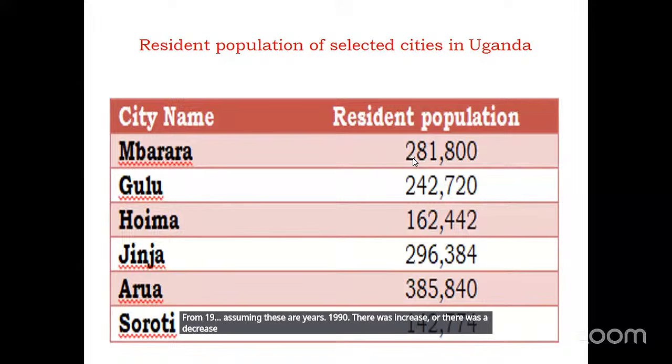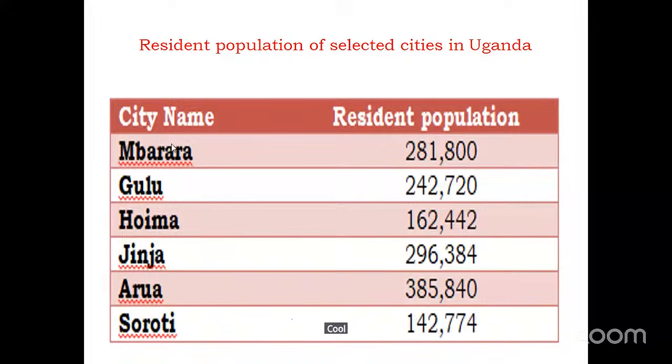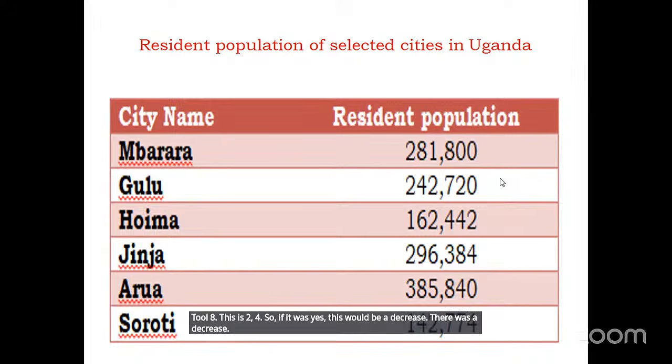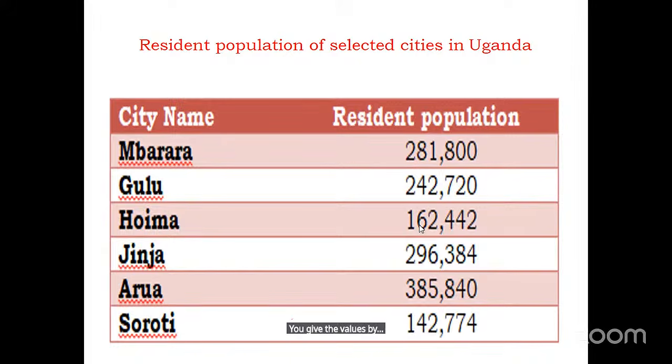When you look at this, 2.8, this is 2.4. So if it was years, this would be a decrease. You give the values by subtracting this from this, new minus old.